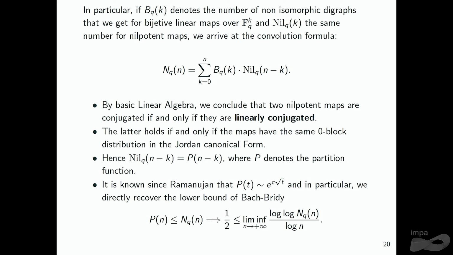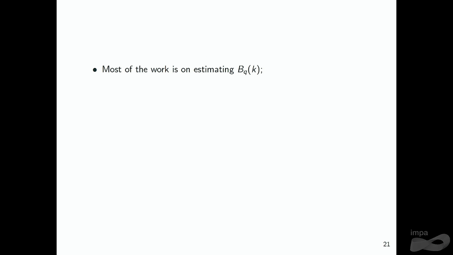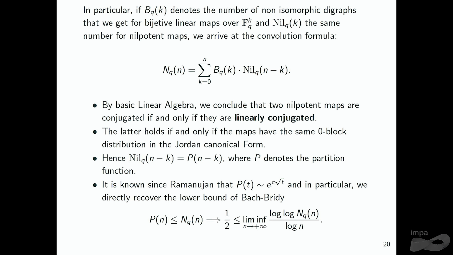It's interesting because in the proof of this limit, they only consider bijective linear maps. So we actually work with the complement of this situation. Okay, so basically most of the work will be on the function B_q^k, which is way more complicated.